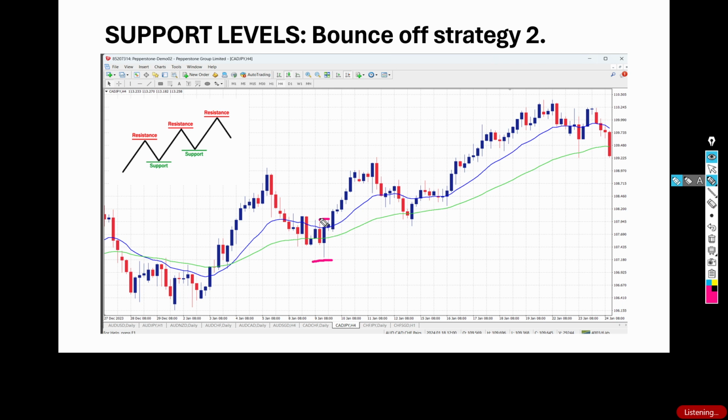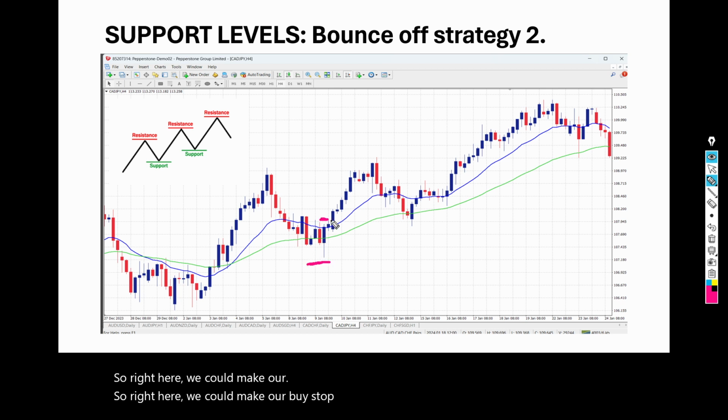So right here we could make our buy stop order, stop loss 1.5 of the ATR, and then we could be able to catch the wave up.